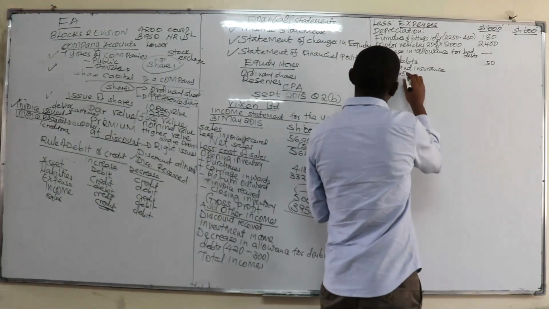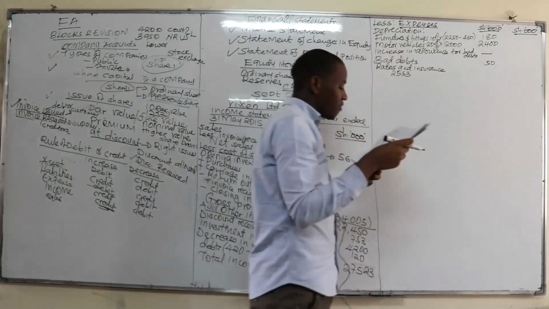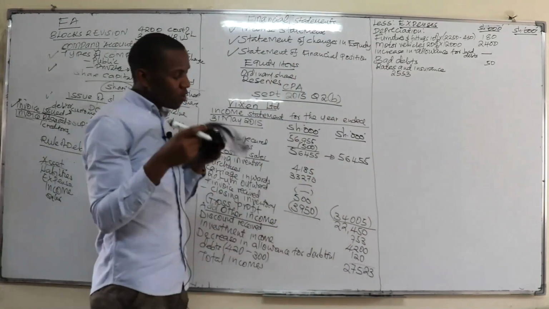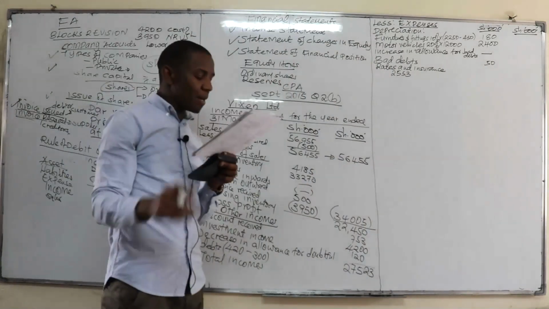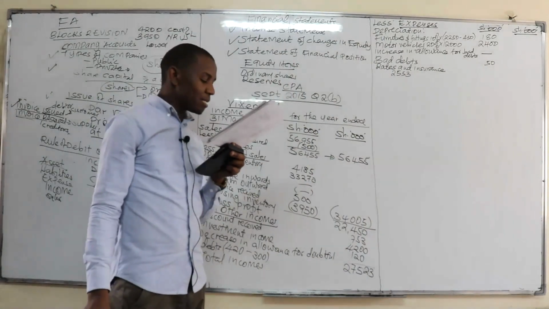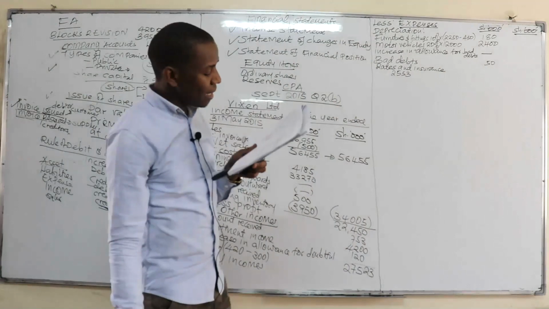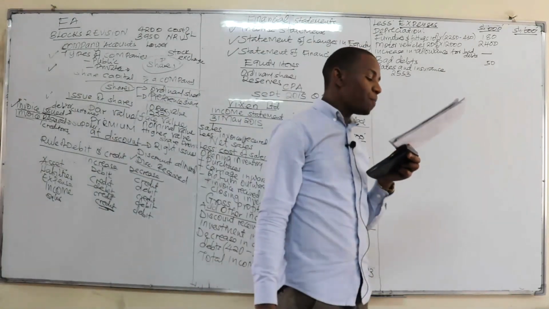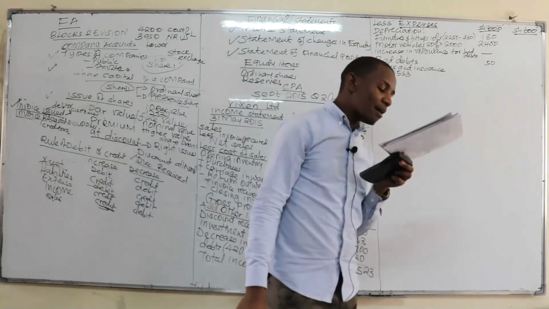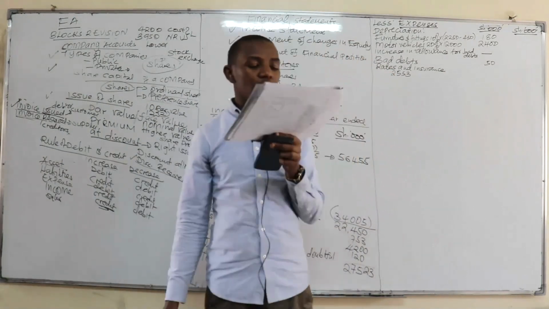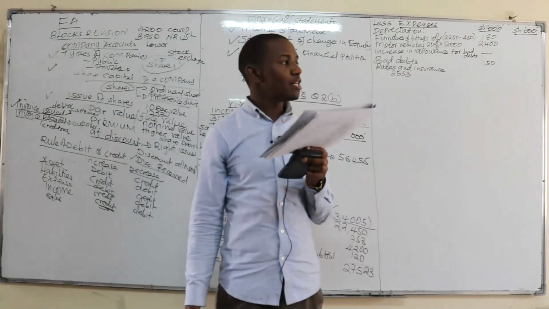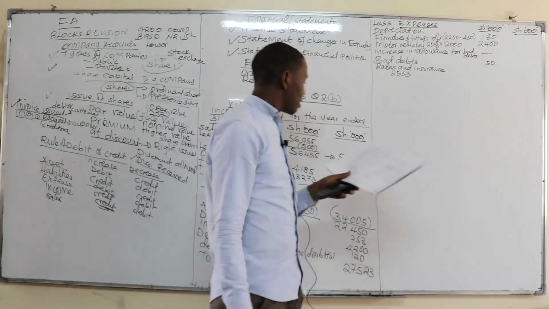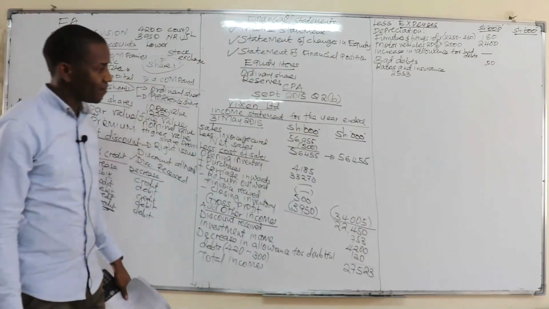That is what they paid, 25.53. But on additional information number 6, insurance amounting to 600,000 had been paid to cater for a period of 1 year, ending 31st August 2015.